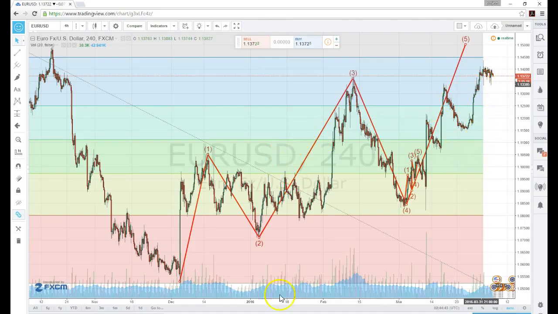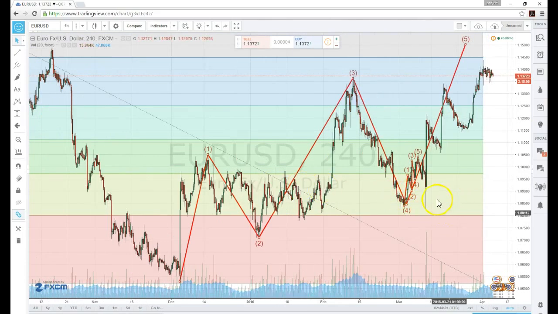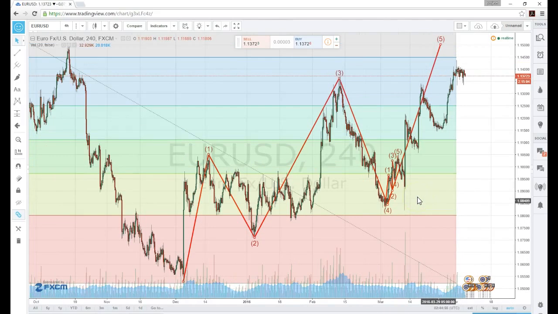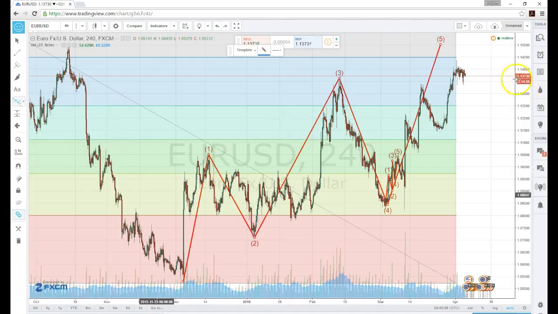Now on this ABC correction, this could actually come as far as this, right, on wave 4, the correction.